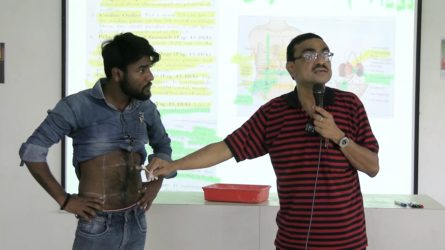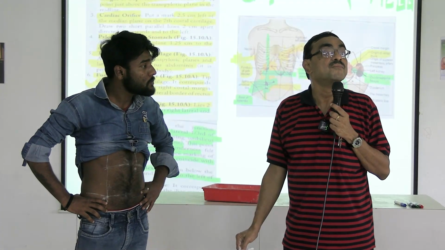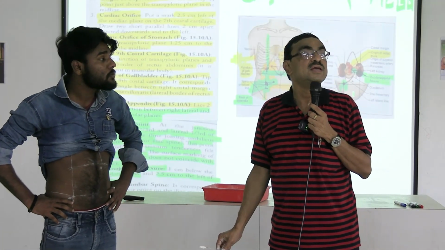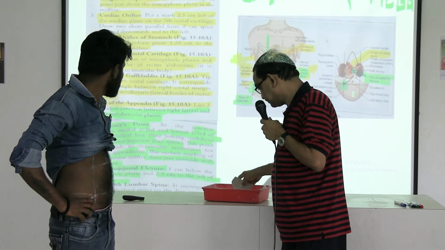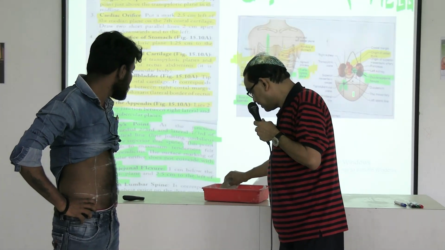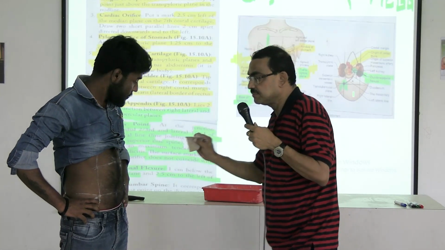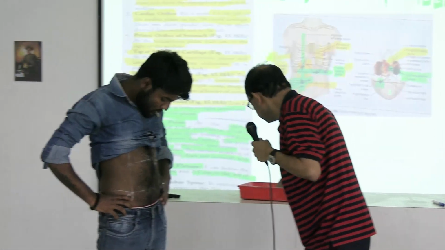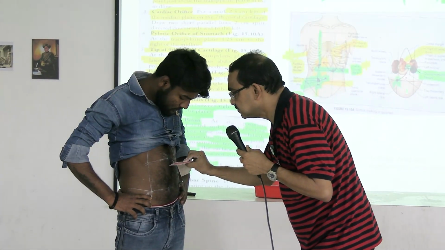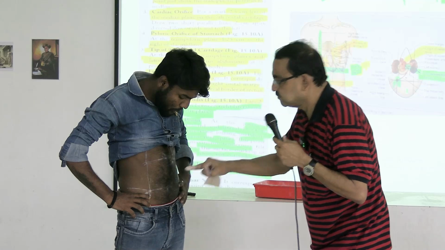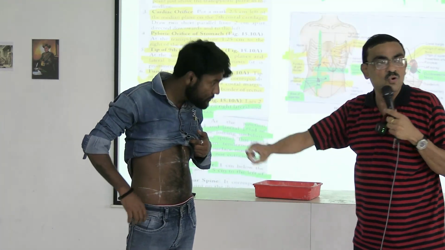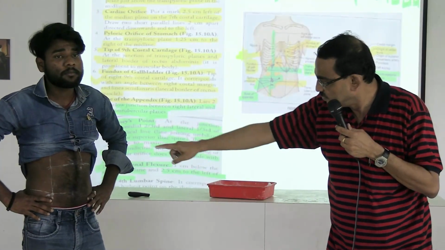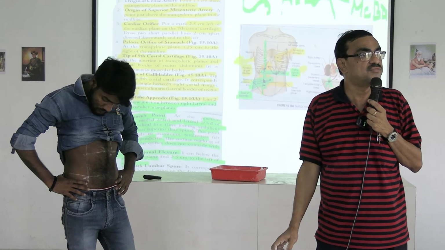This represents the duodenojejunal flexure, which is represented by two curved lines. Two curved lines which show the duodenojejunal flexure.